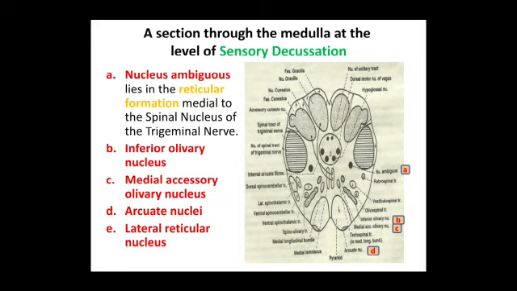Then the inferior olivary nucleus, medial accessory olivary nucleus, arcuate nuclei, and lateral reticular nuclei. So these are the various other nuclei which are seen.